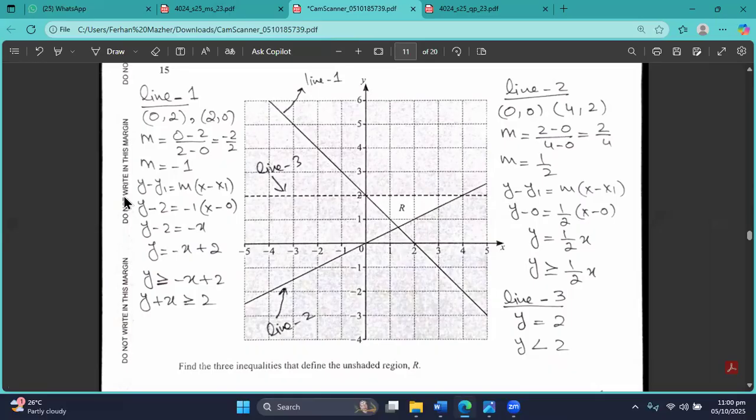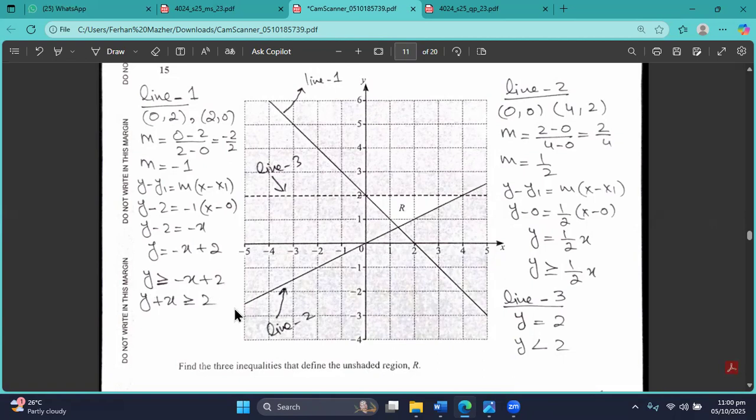I will use this point and this gradient, and I will find the equation of line number 1. So y equals to minus x plus 2. Because this required area R is above this line, so the crocodile's mouth should be towards the y. Because it's a continuous line, so I will put here equals to and greater than. Okay. So y is equals to and greater than minus x plus 2. So that's the inequality. Okay.